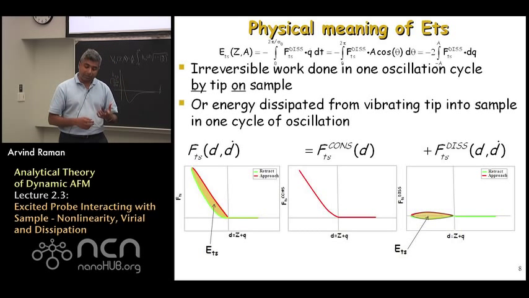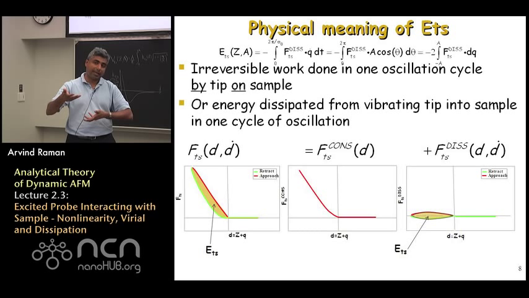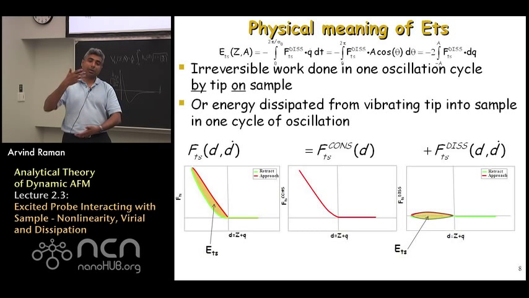It is irreversible work done by the tip on the sample, and the reason it's by the tip on the sample is that there's a negative sign in the integral description. If the negative sign were not there, it would represent the work done by the tip-sample interaction forces on the cantilever. By putting a negative, we reverse it and say this is the work done by the cantilever tip on the sample.